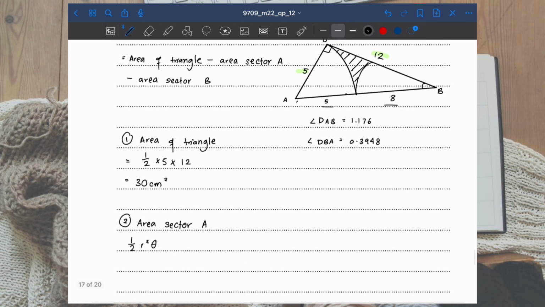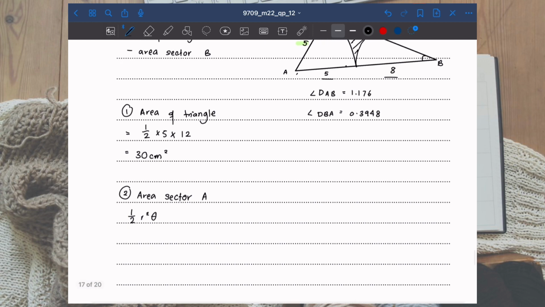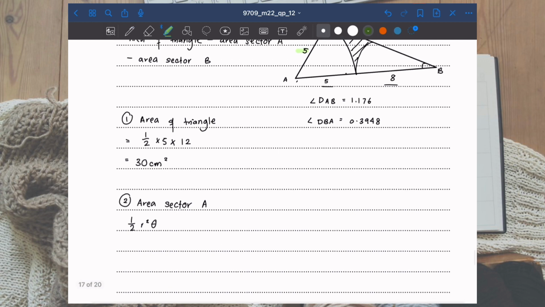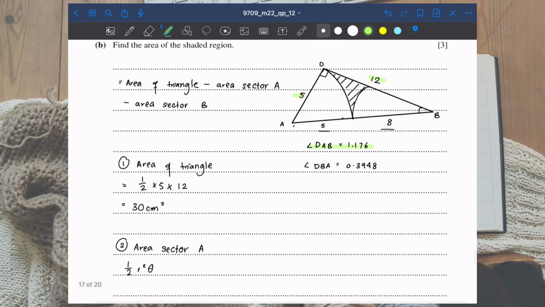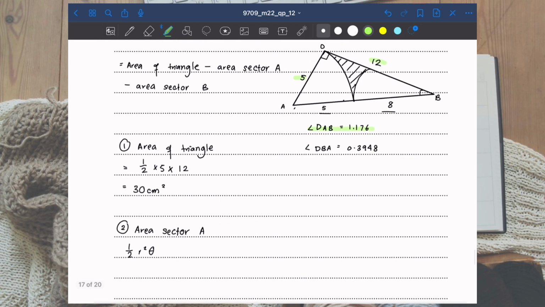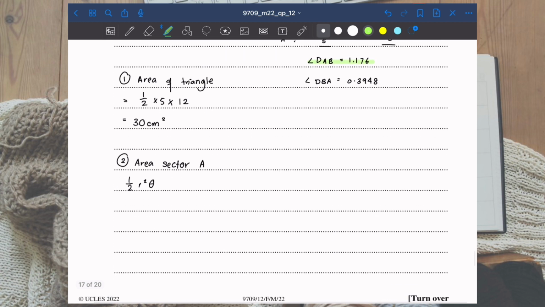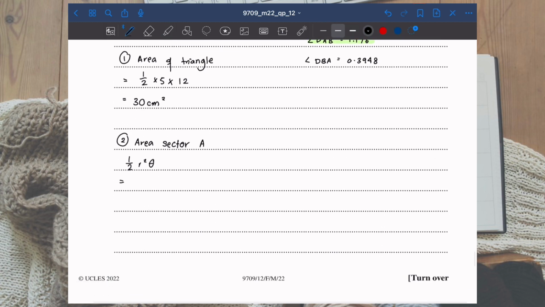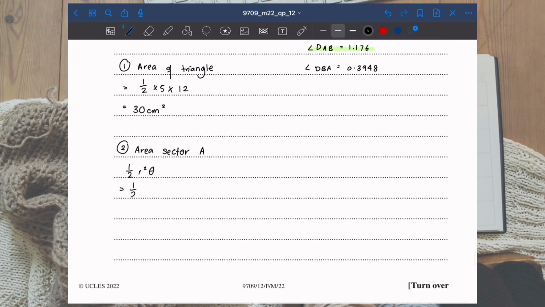Our r for sector A is 5, and our theta, which we found in the previous question, will be angle DAB, 1.176 radians. So our area for sector A will be half 5 square 1.176, and we'll get 14.70 centimeters square.